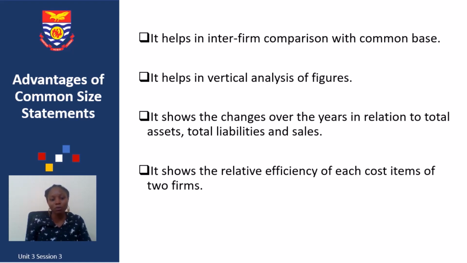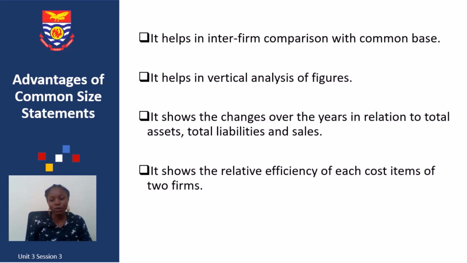Common size also helps in vertical analysis of figures, in the sense that you can analyze each particular element in the statement with respect to a common base, and that can be used for intra-firm comparison as well. The common size statement also reveals the changes over years in relation to total assets, total liabilities, and sales.